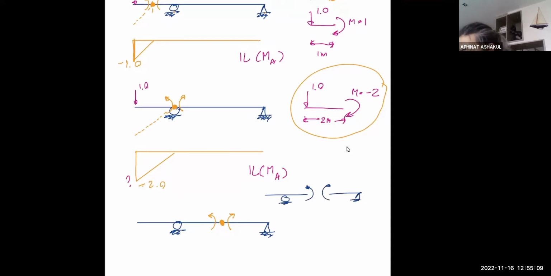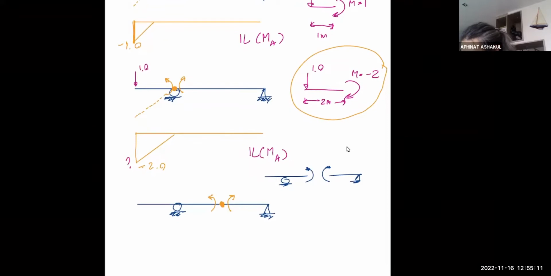Okay? And so when you have that, it goes up and your deflected shape is now going to look like that. And that. Interesting, right? So our shape is like that.